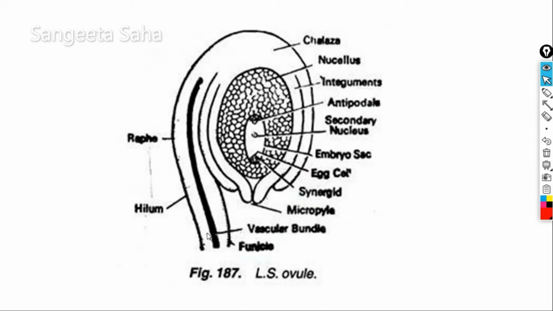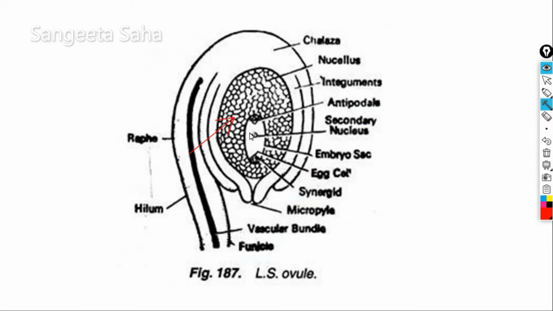We have already learned about the structure of the anatropous ovule. But our main focus for the development of the female gametophyte is the nucellus, this mass of cells present in the central part. What happens is that one cell towards the micropyle changes into the MMC, that is the megaspore mother cell.